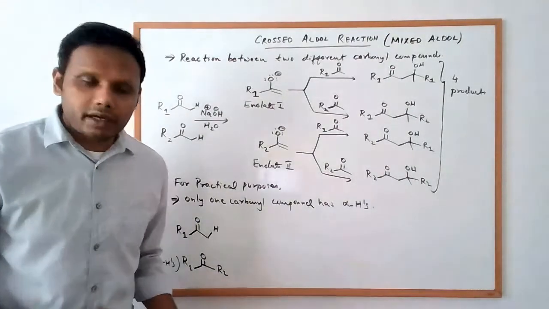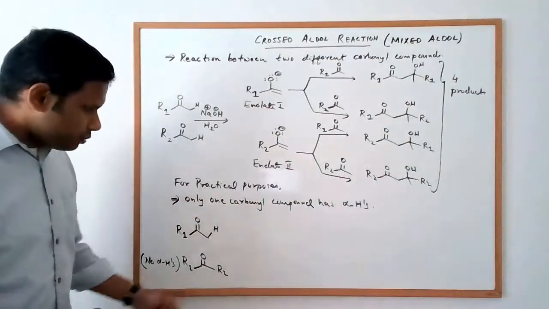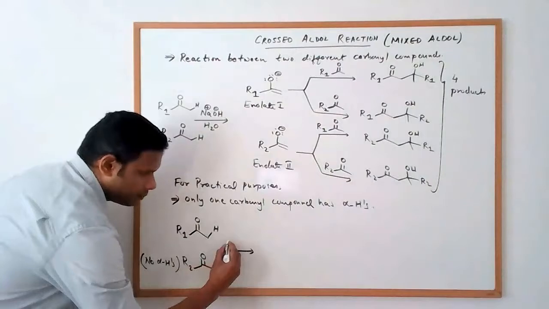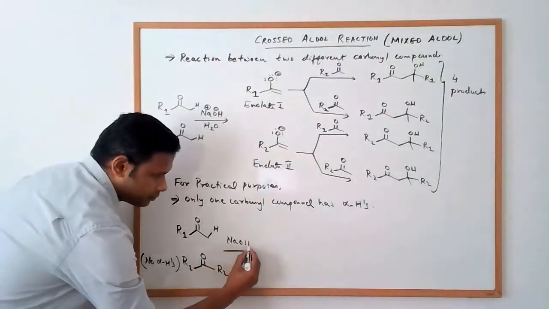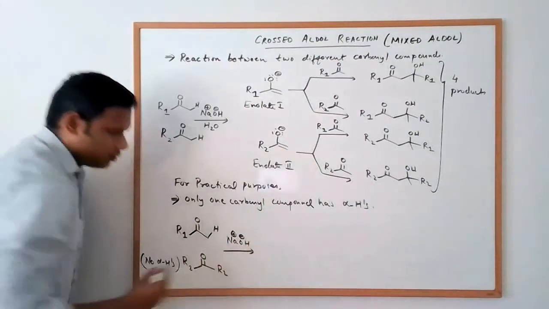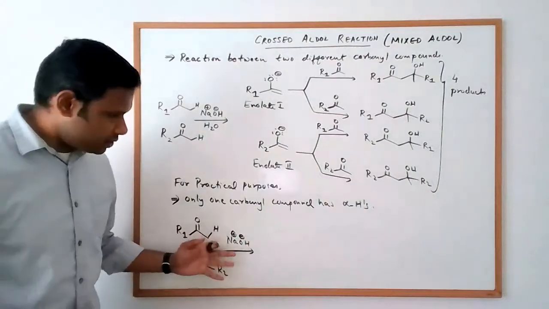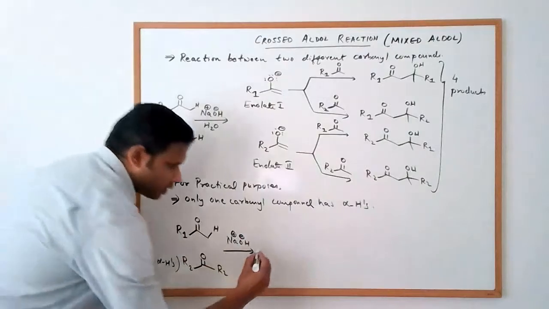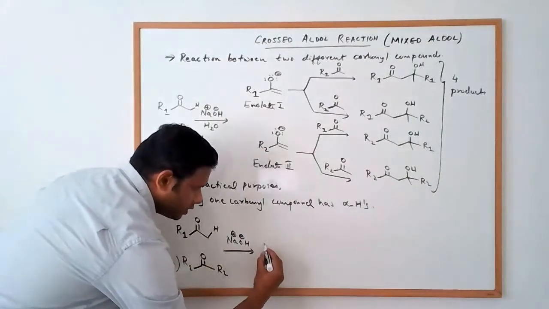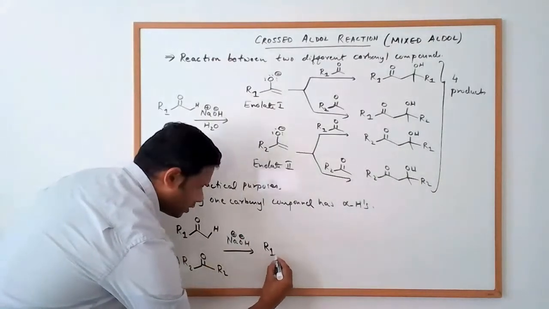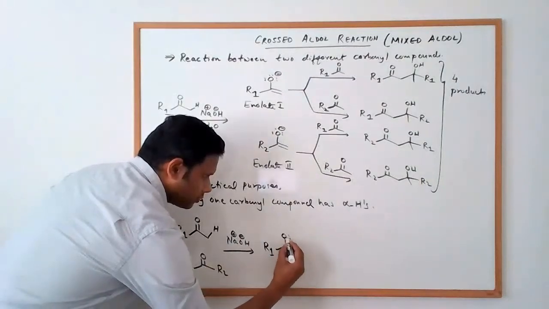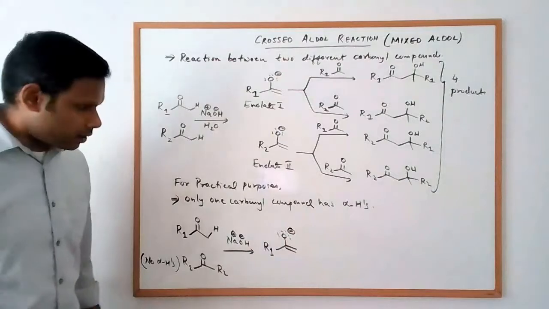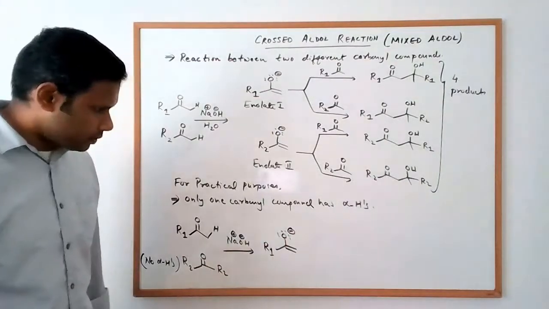There are no alpha hydrogens in that compound, which means when you react this mixture with a base, you're going to create only one enolate. That's going to be this enolate. There's only one enolate formed.